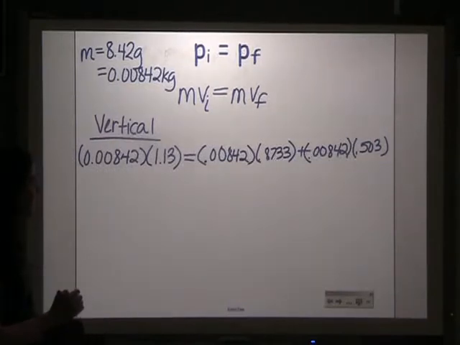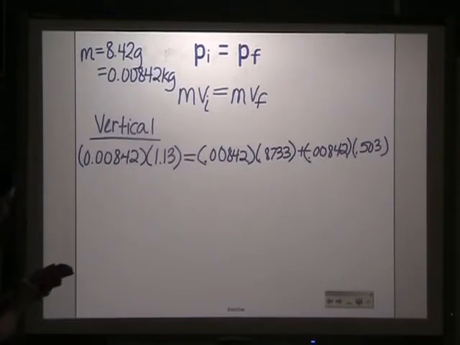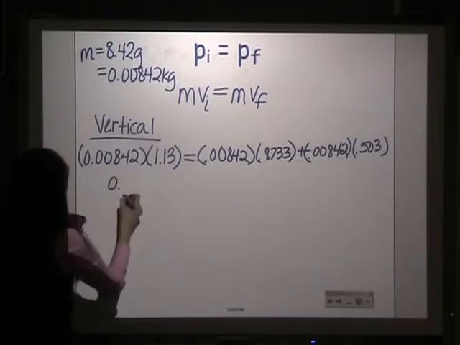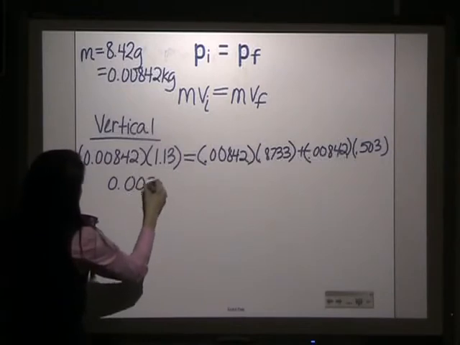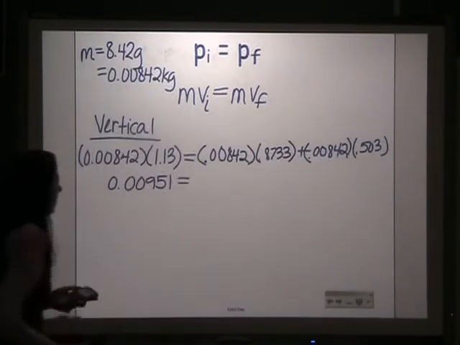So we'll do this calculation and see if momentum has been conserved and how much our error is. So we'll figure out the momentum of the ball that did not make a collision. And that is equal to 0.009551. We'll do it to 3 sig figs.